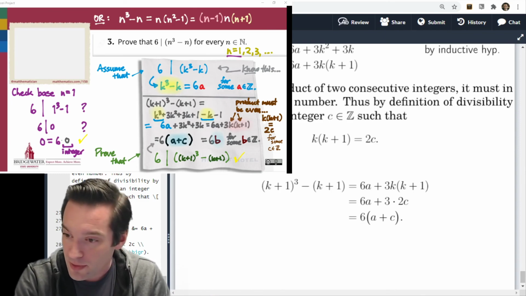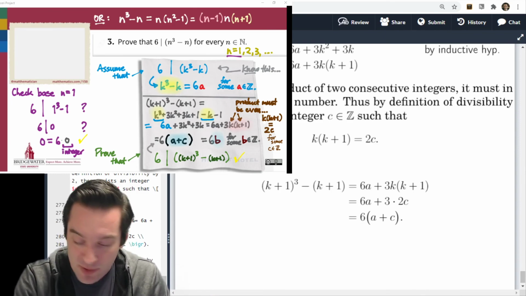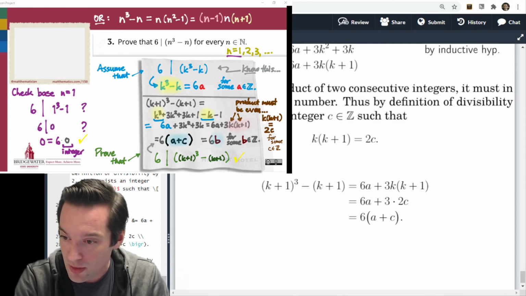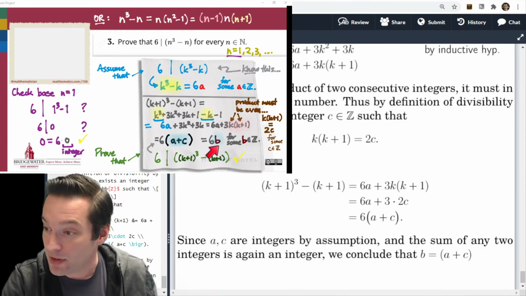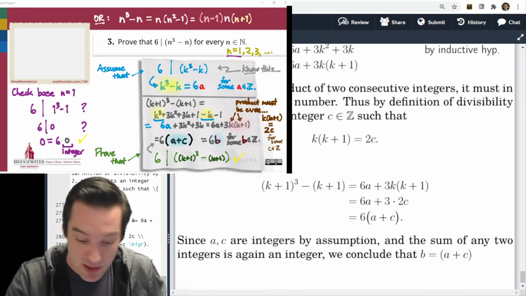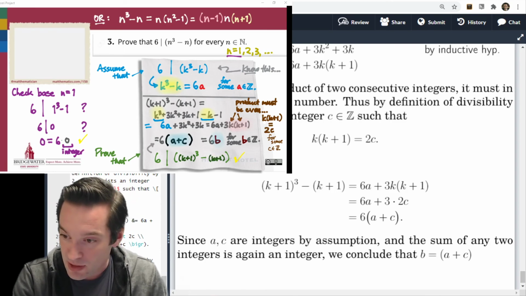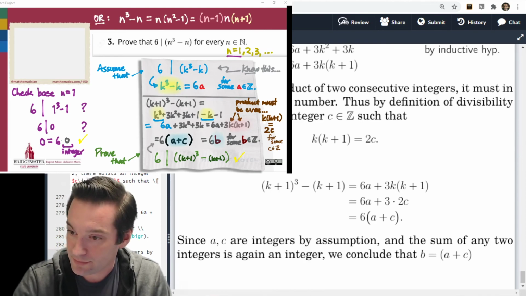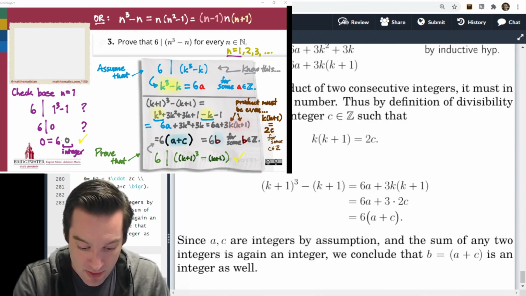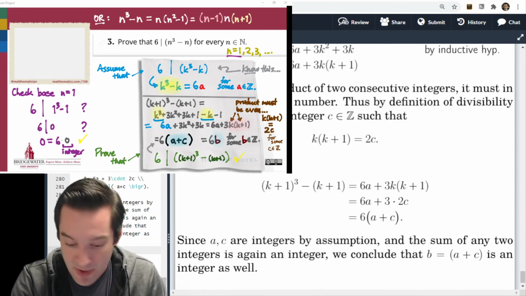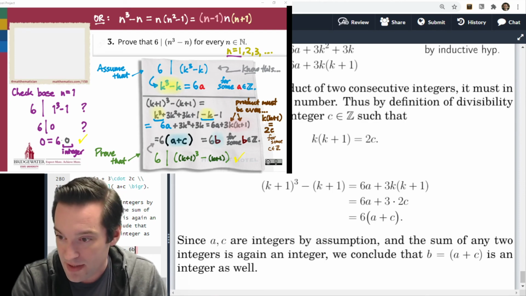But we can conclude that a plus c is an integer, and I'm going to call the a plus c, I'm going to call it b, just to kind of get us back onto our napkin over here. B equals a plus c. What do we conclude about it? We conclude that it's an integer as well. And k plus 1 cubed minus k plus 1 is equal to 6b.